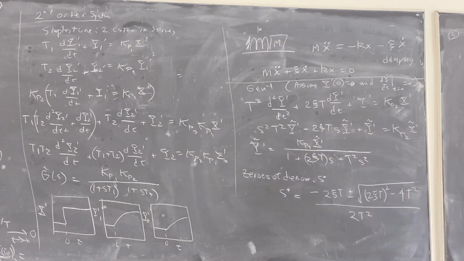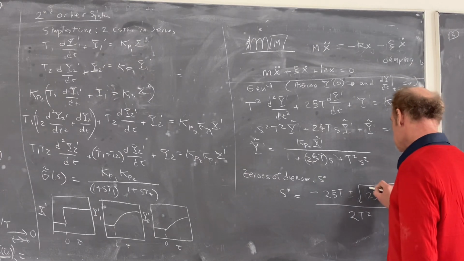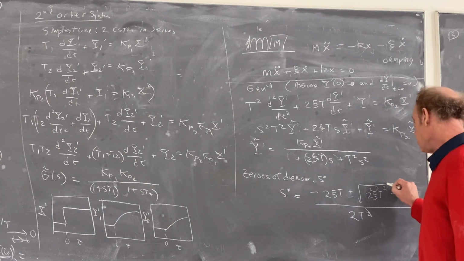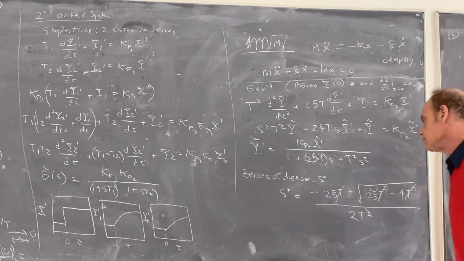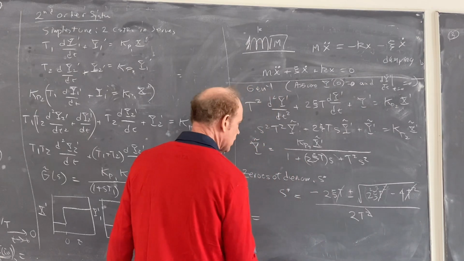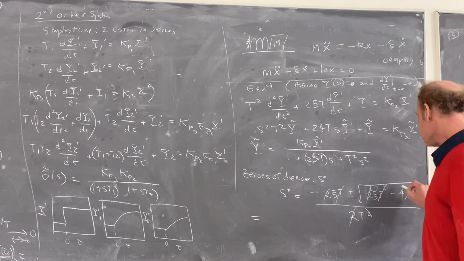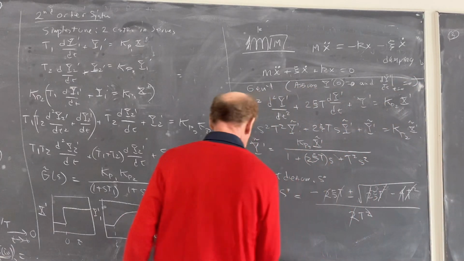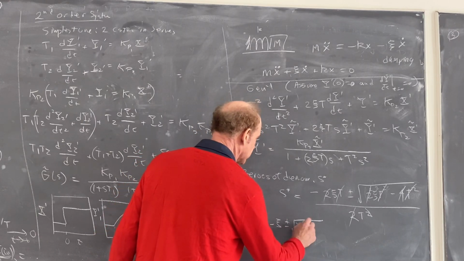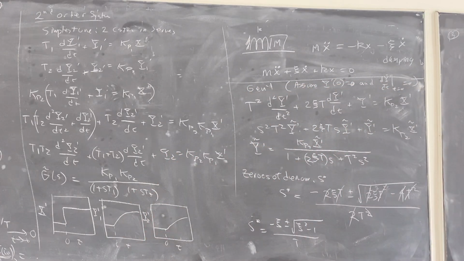Okay, so the first thing is I'm going to distribute the 2 in here, 2 squared c squared t squared. And I'm going to cancel one t in the denominator with these t's. And I'm also going to cancel the 2. 2 cancels a 2 here, and it cancels a 4 in here. So I have S star is equal to minus c plus or minus the square root of c squared minus 1 over t.